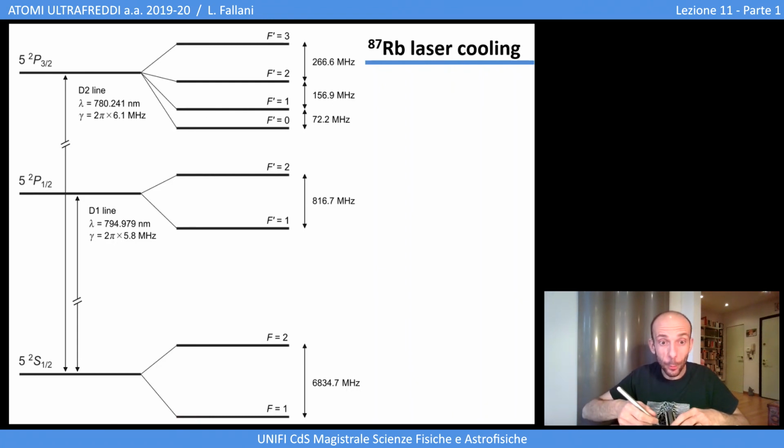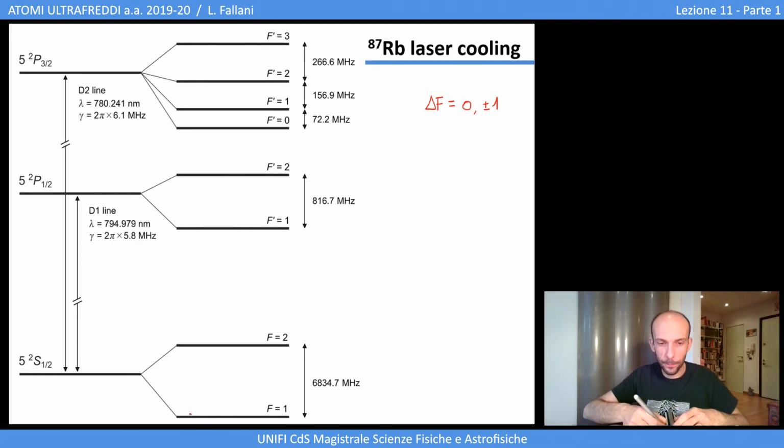Let's start with F equal 1, so the lower hyperfine state. And let's see all the transitions that one can induce that are compatible with the selection rules, which of course tell us that delta F should be 0 or plus minus 1.